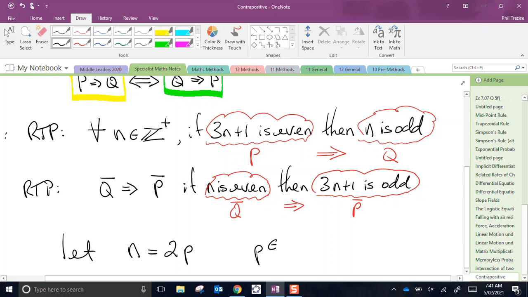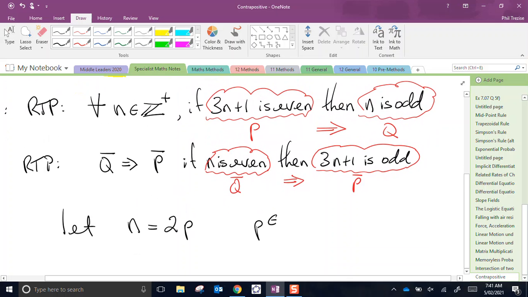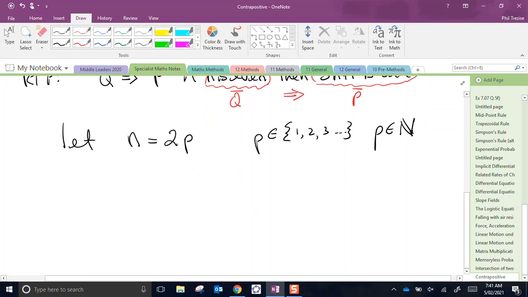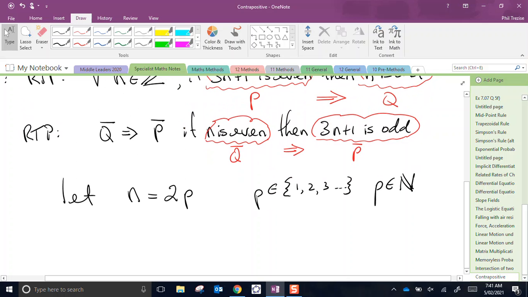Positive integers are 1, 2, 3, etc. Well, if it's an even positive integer, it'd have to be 2, 4, 6. So p would have to be an element of the numbers 1, 2, 3, and so forth. In other words, the natural numbers. We could have said p is an element of the natural numbers, and the two statements are just as good. So let's see, we've got n equals 2 times p, where p is one of these natural numbers.